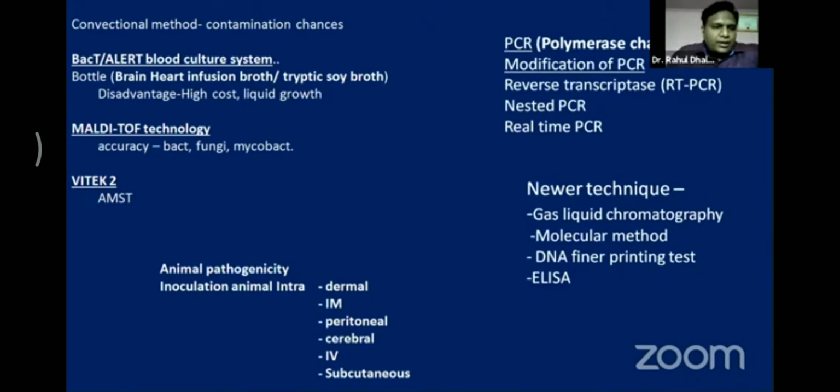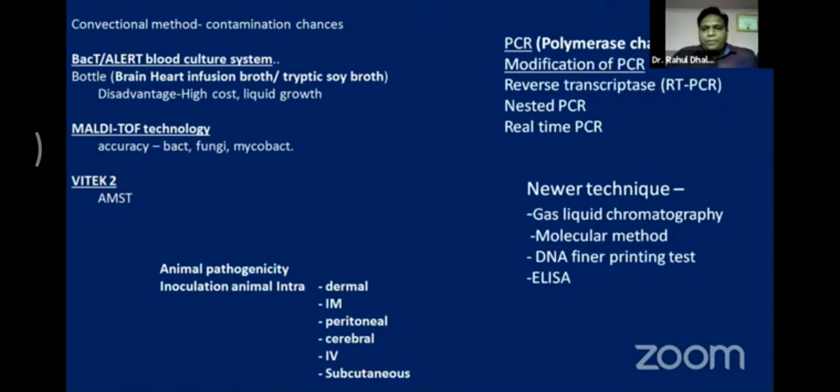When we use brain heart infusion broth or tryptic soy broth in those machines, the specimen comes directly into that media. It gives prominent growth, and by using machines like VITEK, antimicrobial susceptibility is available immediately. Also you can do MALDI-TOF technology for accuracy in identifying bacterial, fungal and microbial growth.